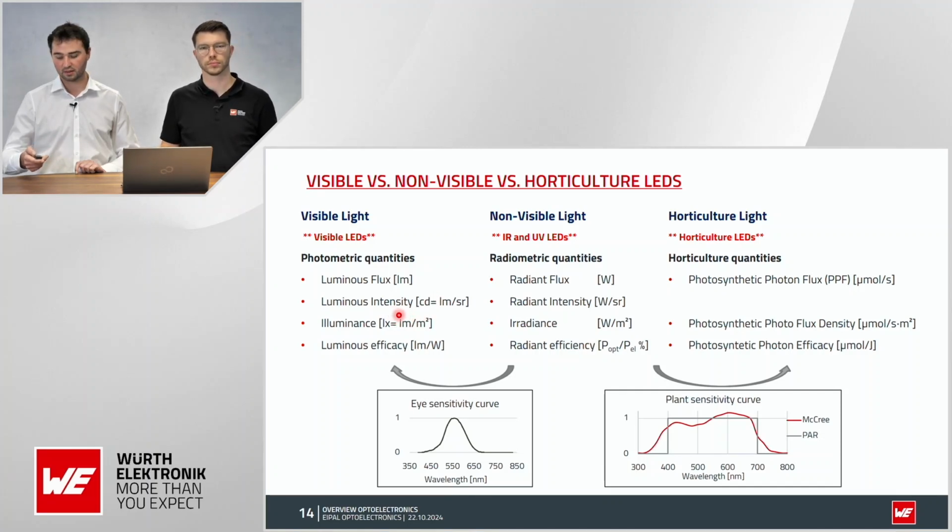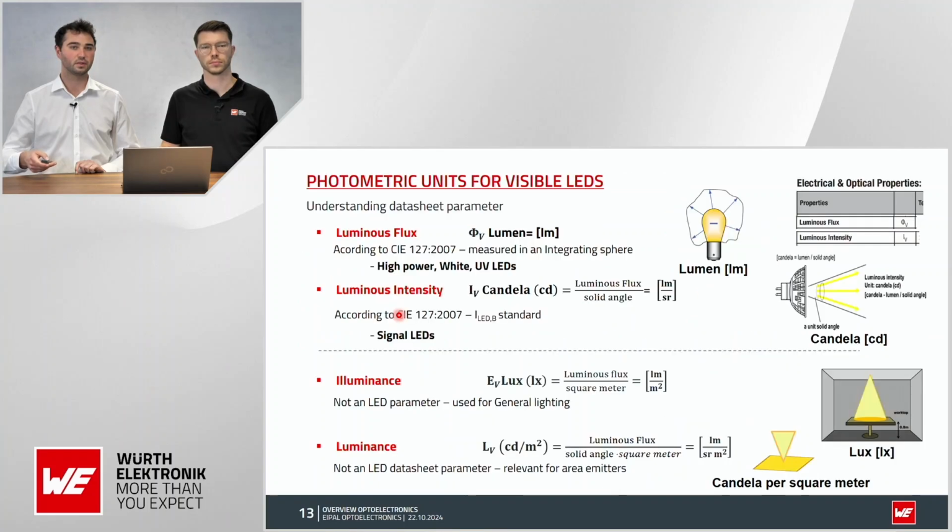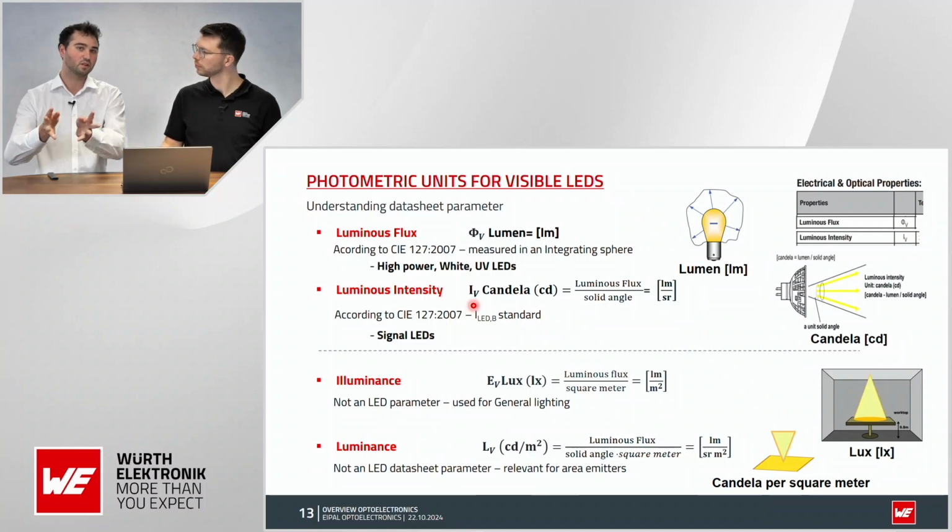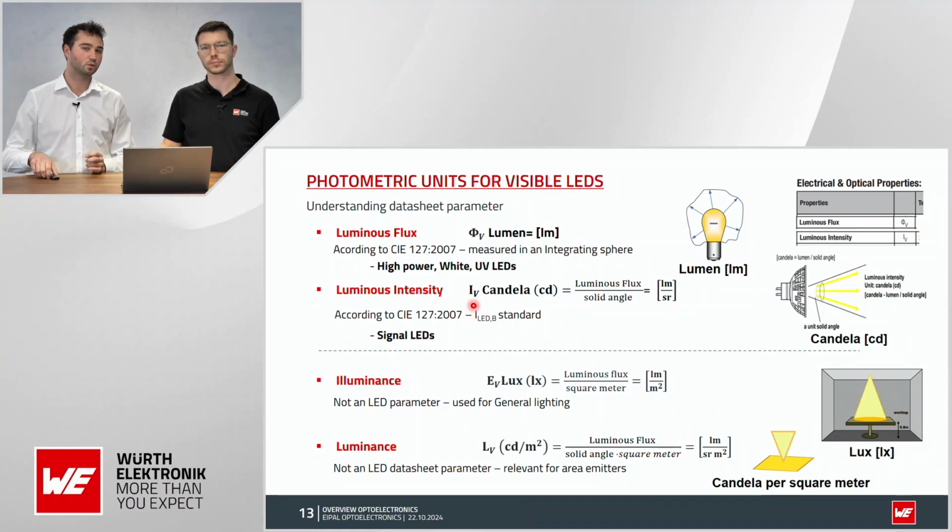Intensity is, as mentioned here, the amount of light that is being emitted to the front, not the amount of light being emitted everywhere. So it's very common to use this intensity, the amount of light emitted to the front, for signaling LEDs, but for illumination you typically want to use all the light that is being emitted, also to the sides.